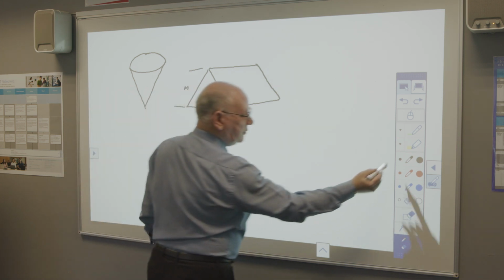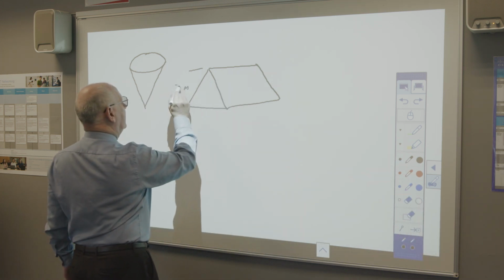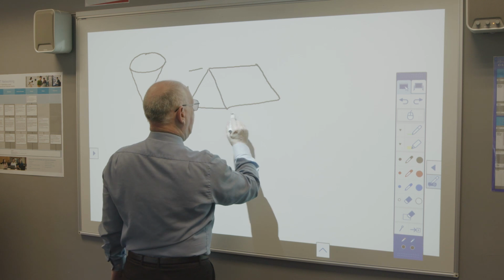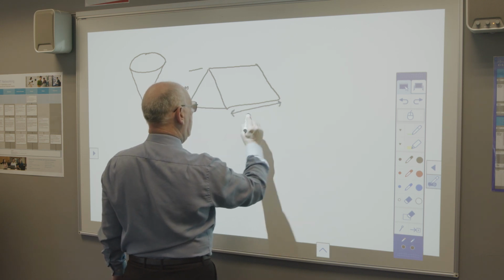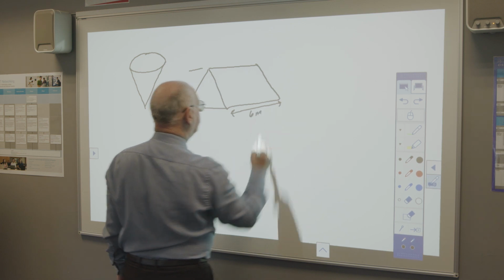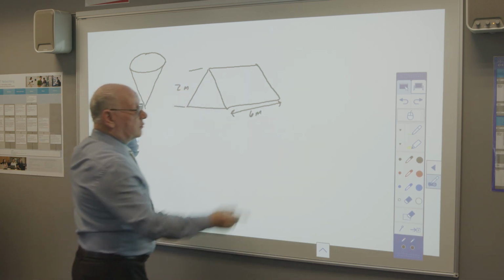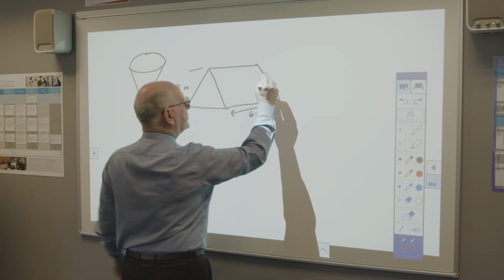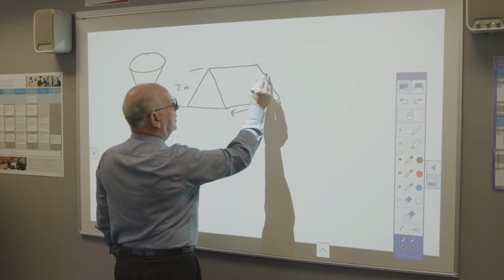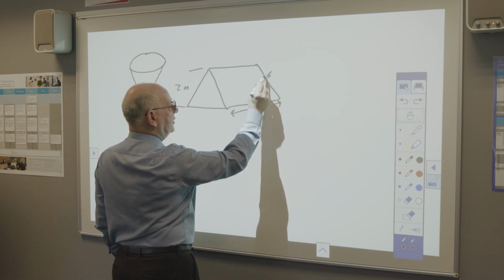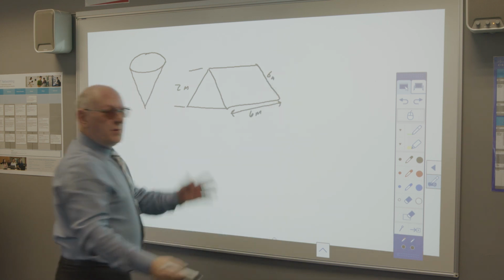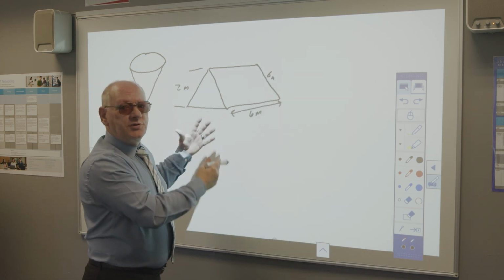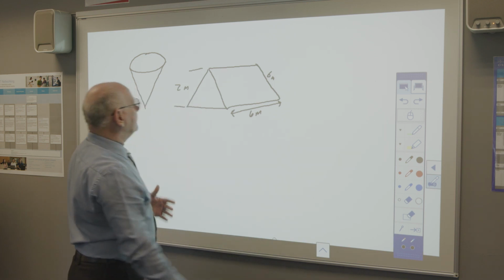Let's call it 2, be a bit more realistic. And it had a length 6 meters. They also gave you this measurement, and I think, if I remember rightly, that was about 6 meters as well. I could be wrong, but the measurements don't matter, it's how you work it out.